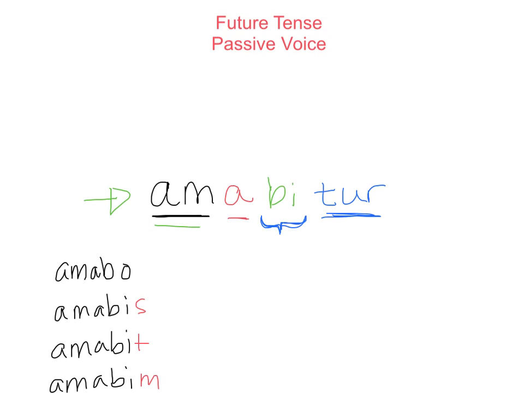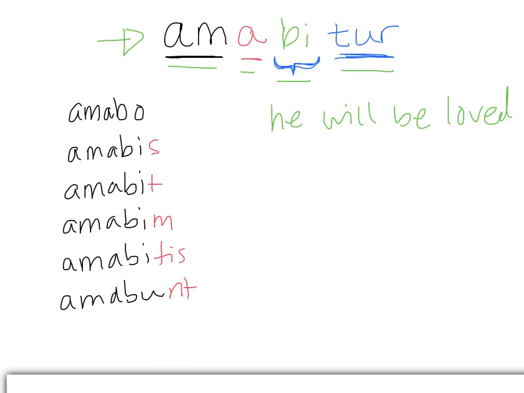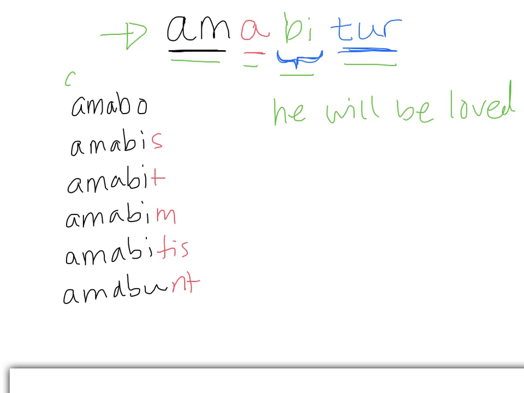So I end up with ama meaning love, a to connect, bi telling me future, tur telling me third person singular passive. So he, she, or it will be loved. So if I wanted to look at a future in the active, you saw I did the same thing: stem, vowel, bo, bi, bu, and then the personal endings.